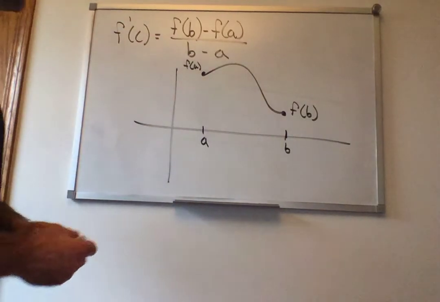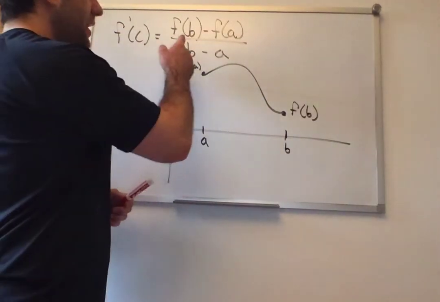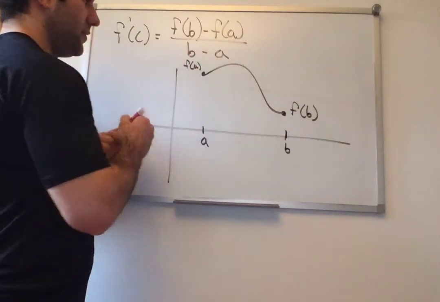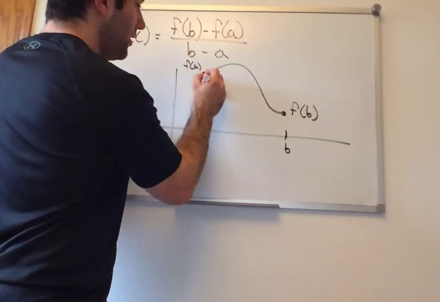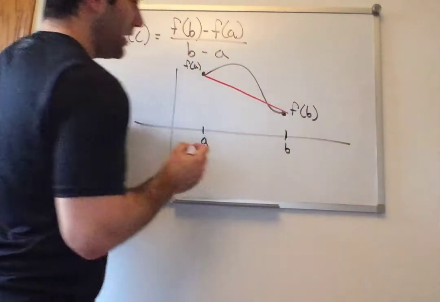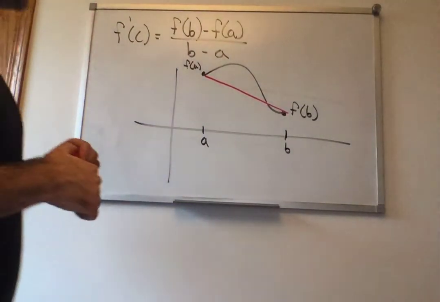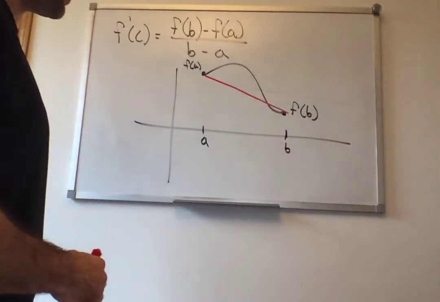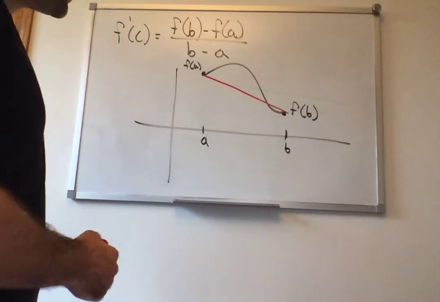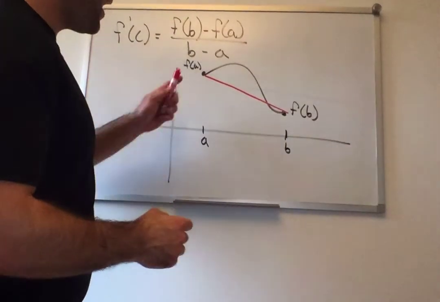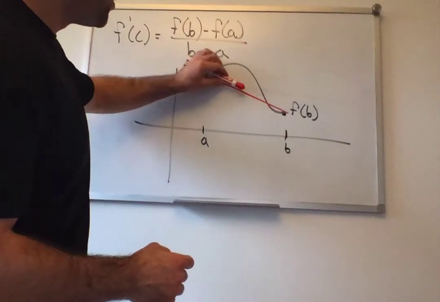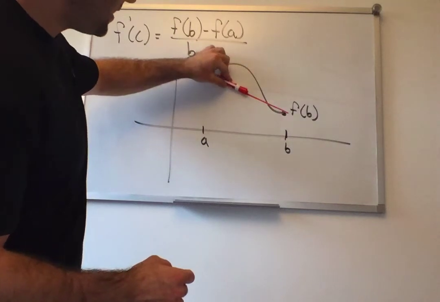That's the slope of the secant line between a and b. So if I were to draw the secant line from a to b, like that, I missed a little bit, that's okay. That says that I can find some number c where the derivative has the same value.